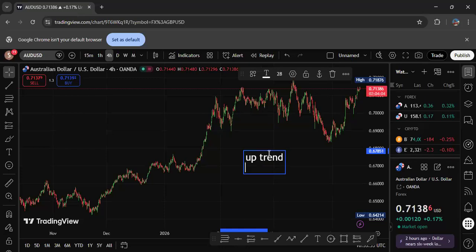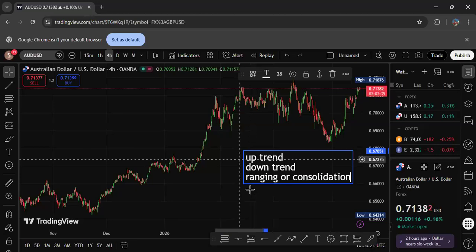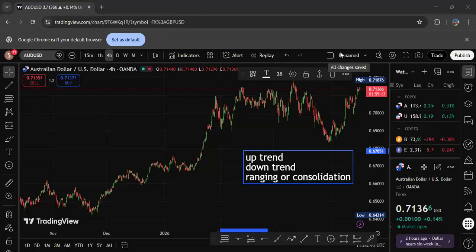Then the third one is ranging or consolidation. So we have uptrend, downtrend, and ranging or consolidation. That's the three we have.